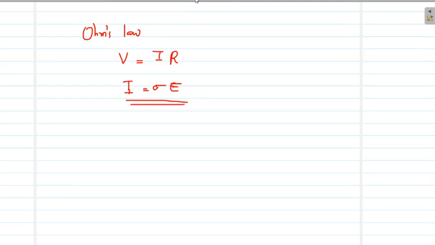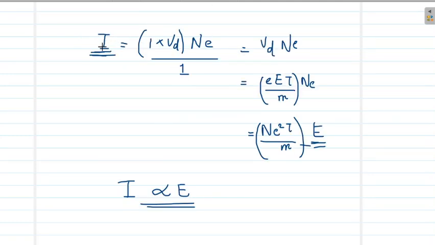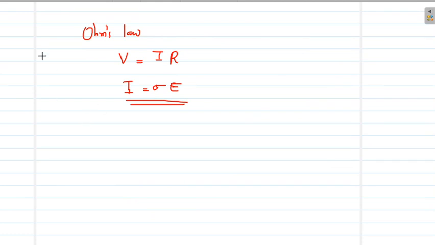We have actually obtained the same equation here, right? I equal to a constant into electric field. So this is actually Ohm's law itself. So we can say that our free electron theory validates Ohm's law and can explain Ohm's law very beautifully.